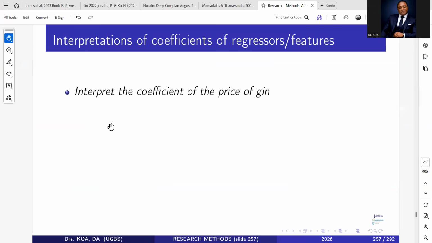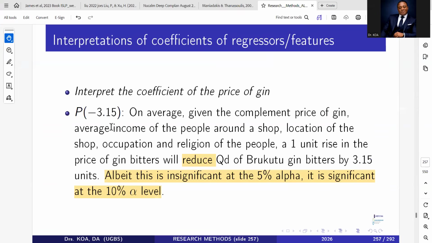When you get similar ones in the exam, you are not bothered because you've learned it. Interpret the coefficient of the price of gin. How do you interpret it? You always must start with "on average." So let me show you how you got to look at it.